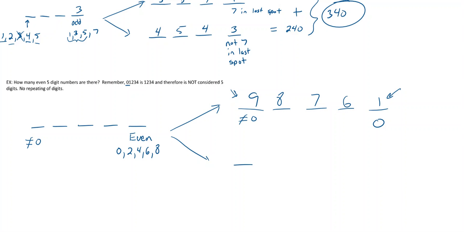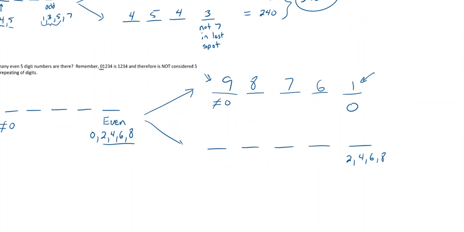So situation number 2 is going to be if we had 2, 4, 6, or 8 in that last spot, right? So any of those. All right, so if we did that, then we'll just be careful here. So how many options are there? Well, there's 4, right? It could be any of those numbers. And then after I've chosen one of those numbers, if I look to the beginning here, well, it can't be 0, so it's not 10, so 9.